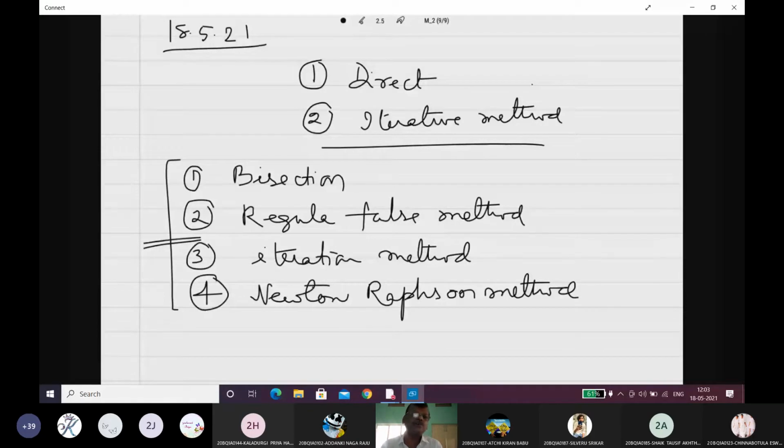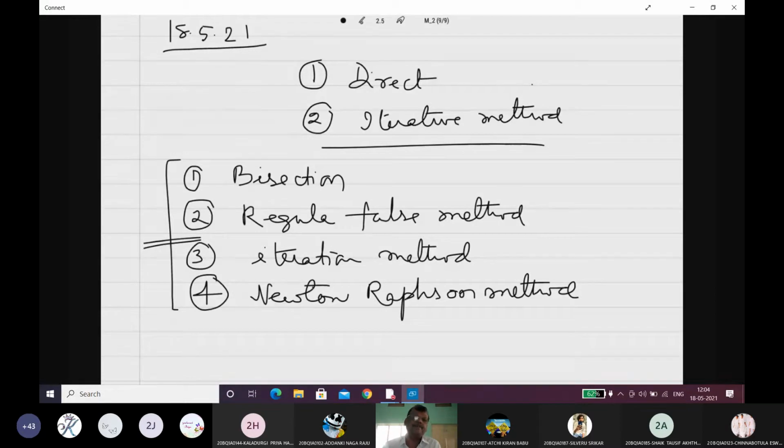Or initially we choose an initial approximation, and we find a better approximation for the root, using the methods known as open methods. For example, bisection and regula falsi are examples of bracketing methods, and the iterative or successive approximation method and Newton-Raphson method are examples of open methods.